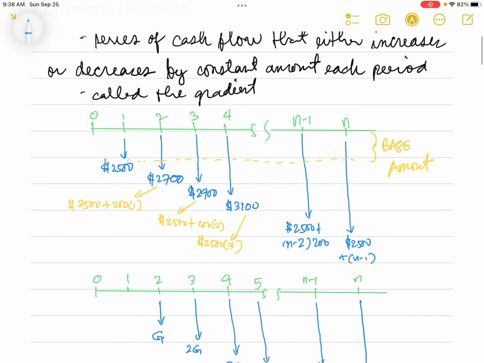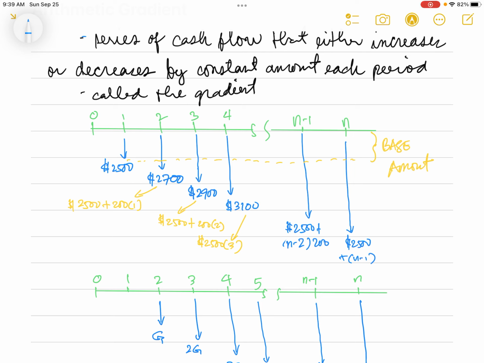So we look at this cash flow diagram, which shows you a series of amounts from 0 to n interest periods. We start off at the first interest period at $2,500, and it goes up to $2,700 at the end of the second interest period, and then goes up again to $2,900 at the third interest period, and so on and so forth.